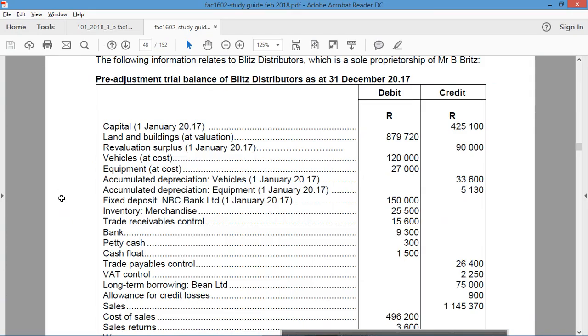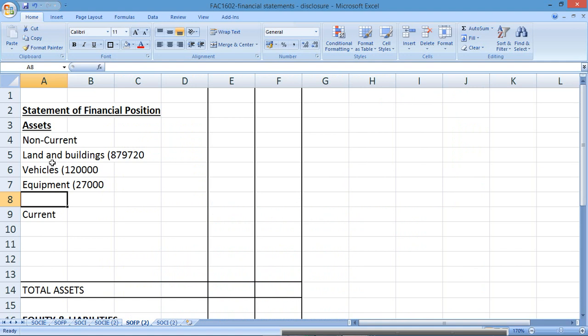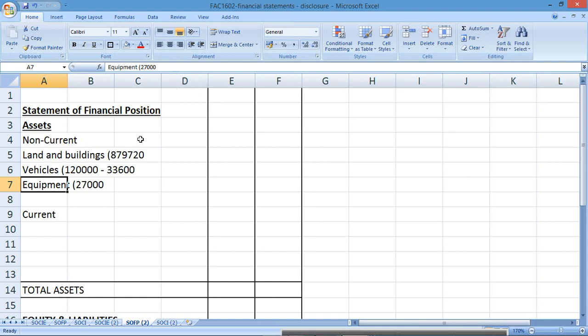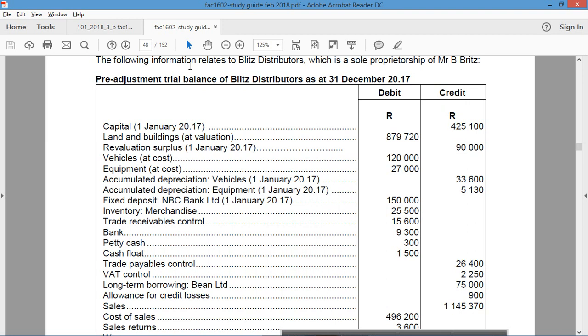Accumulated depreciation, so you're going to have to minus it from the vehicles: 120,000 minus 33,600. And then 5,130 from equipment. Okay, so far so good.